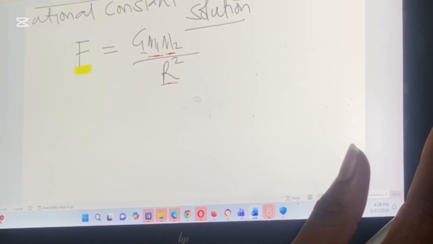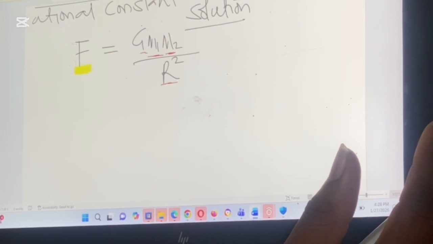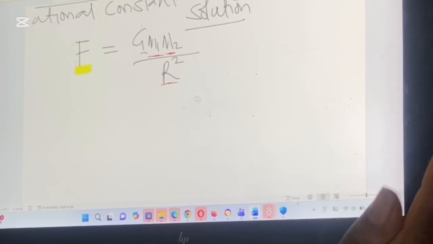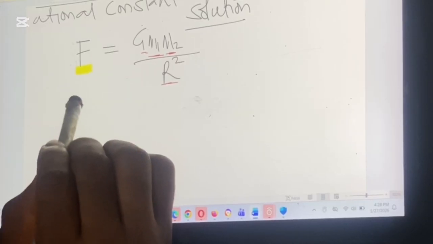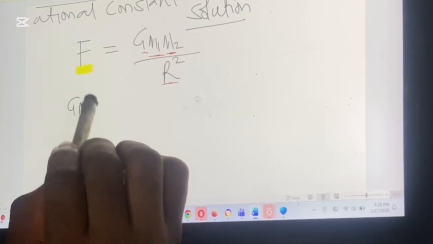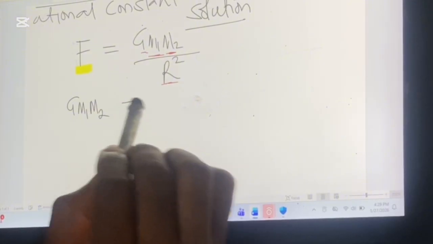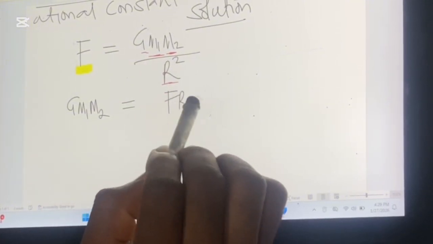So let's make gravitational constants the subject. Doing that, we have G M1 M2 is equal to F R squared.